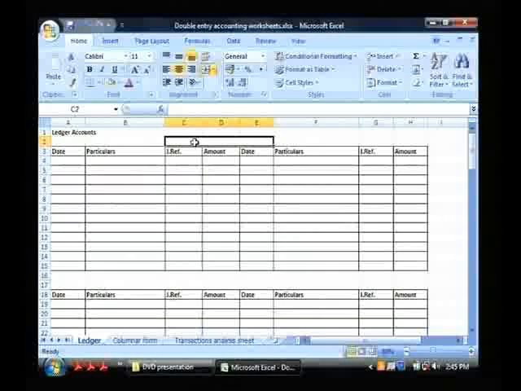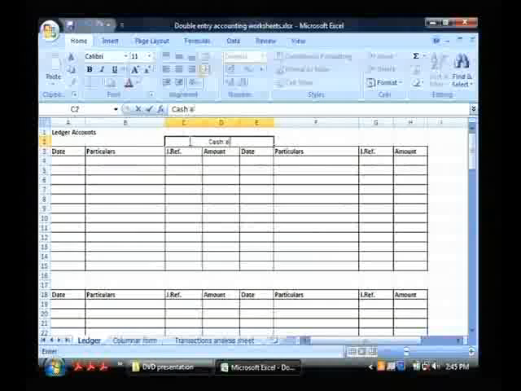To record these transactions, first we have to look at the transaction analysis chart, because we prepared it as guidance to prepare ledger accounts. Therefore, we need an account for cash at bank.